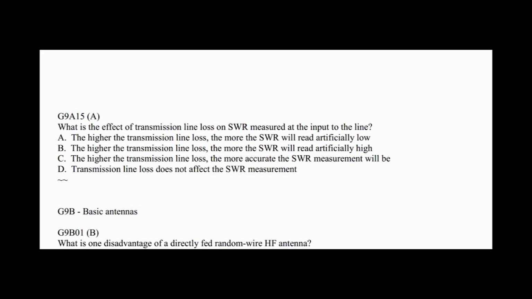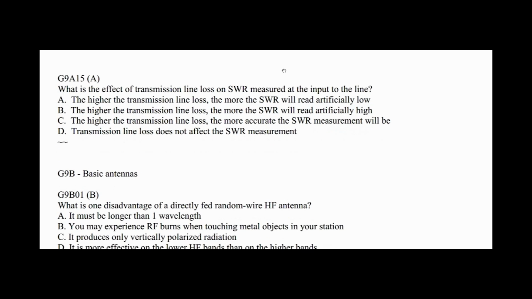Well, what's reflected is also lost. So the SWR looks better than it really is because that reflected power is lost in the coax. So instead of there being, let's say, 100 watts going out and 10 watts being reflected at the feed point, instead of it being 10 watts at the transmitter, maybe it's 5 watts because of feed line losses.